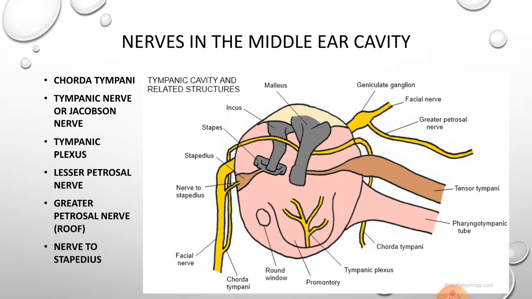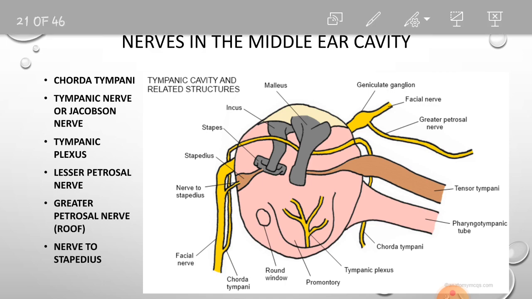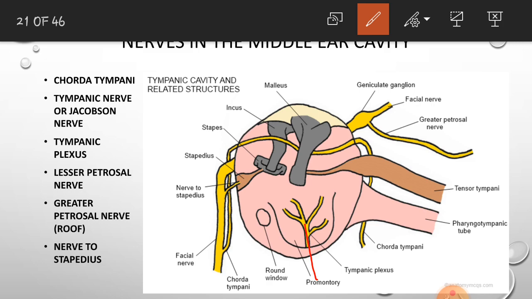Okay, the nerves in the middle ear cavity. I already told you that the glossopharyngeal nerve, the tympanic nerve of Jacobson, arises from here and makes up the tympanic plexus on the promontory. From the tympanic plexus arises the lesser petrosal nerve.